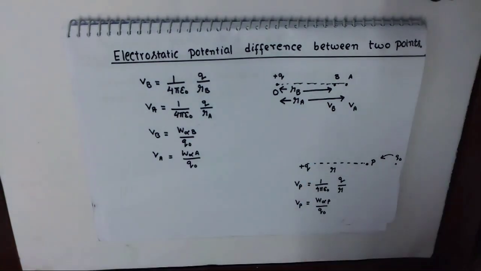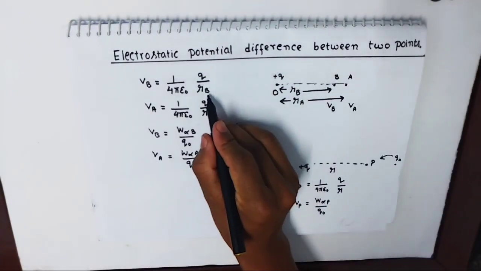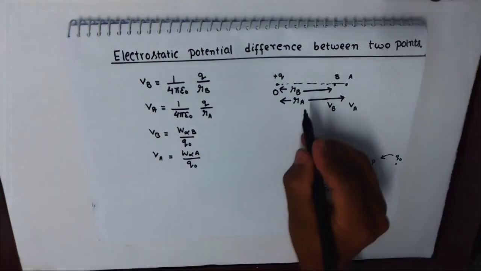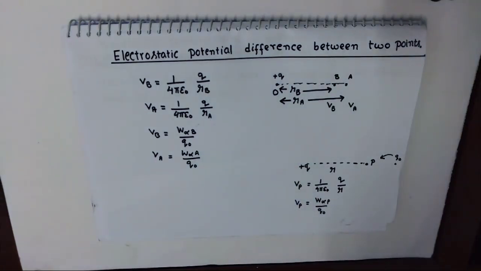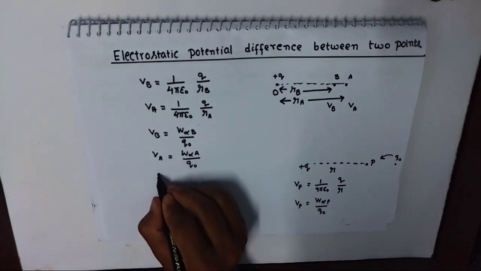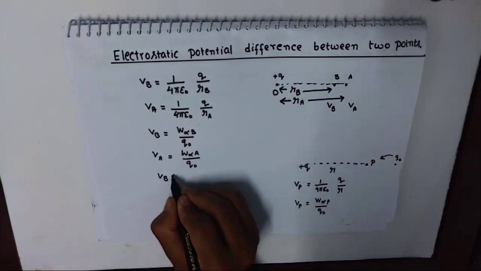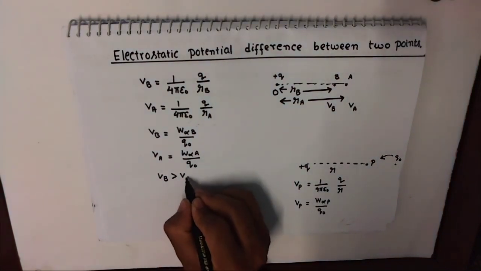As we can see from here, Rb is smaller than Ra. From this figure, Rb is smaller than Ra. So clearly, we can say that Vb is greater than Va.